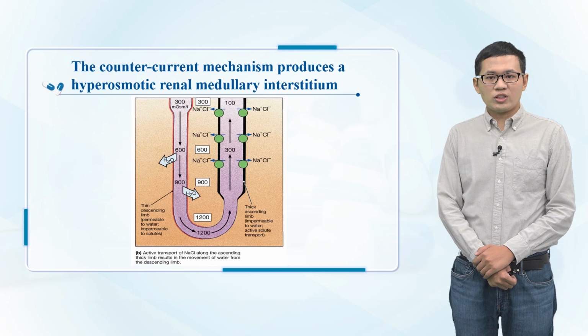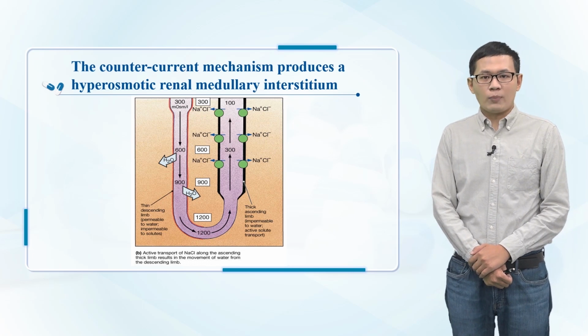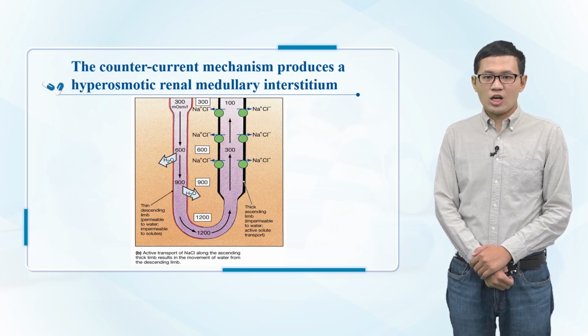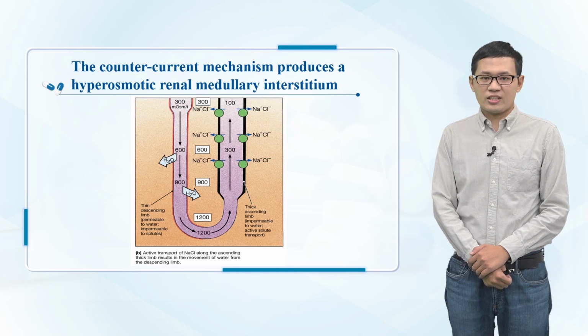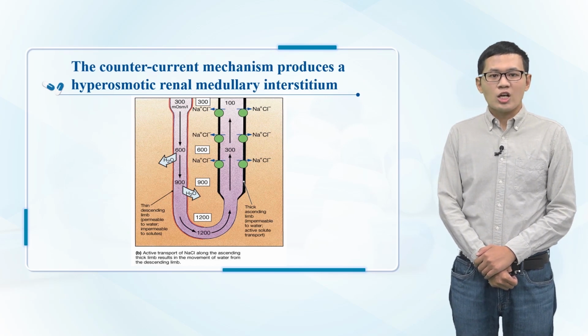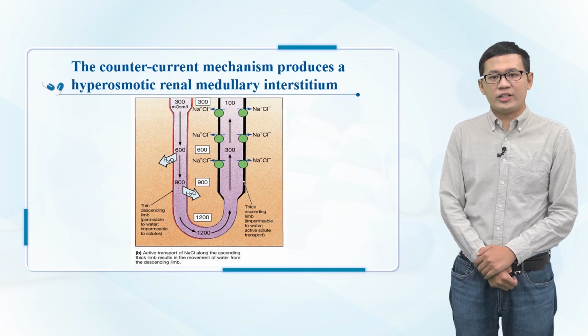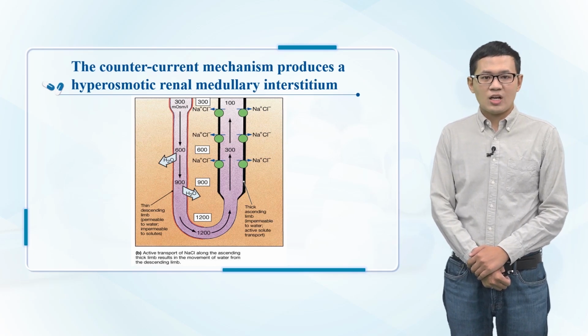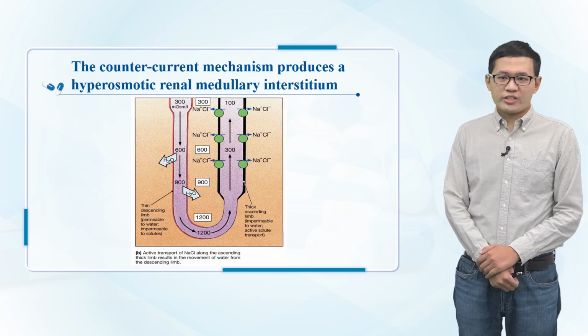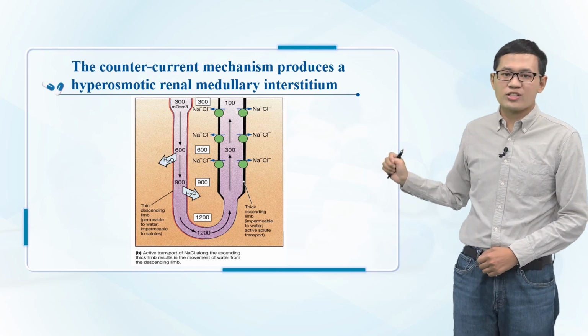Since most of the water is picked up by the blood pretty quickly, the saltiness of the interstitial space doesn't get diluted, so it can keep drawing water out of the next batch of filtrate in the descending limb. Let's watch a video to see how the loop of Henle works.